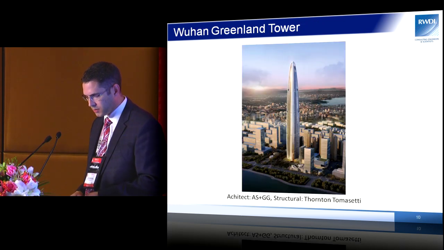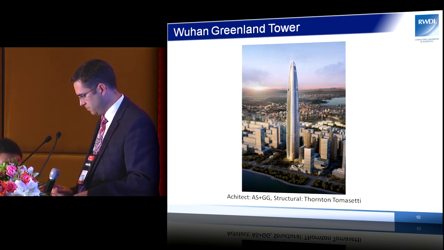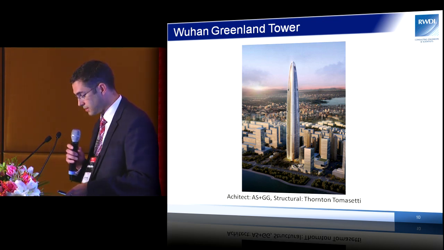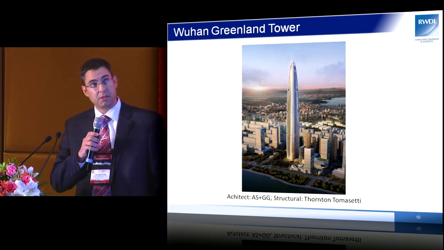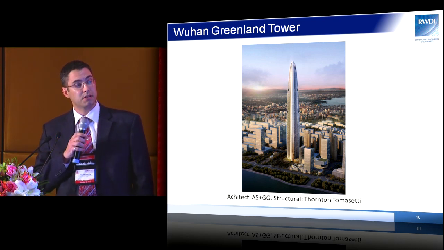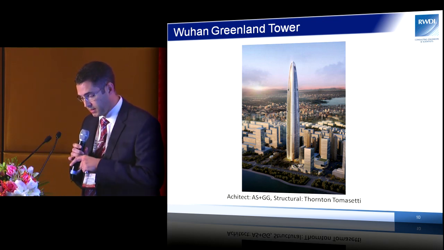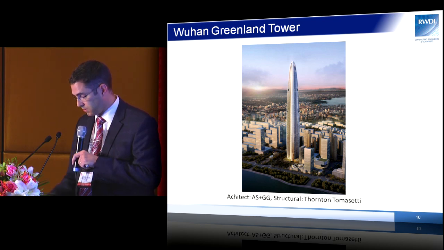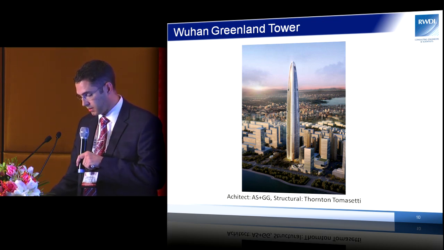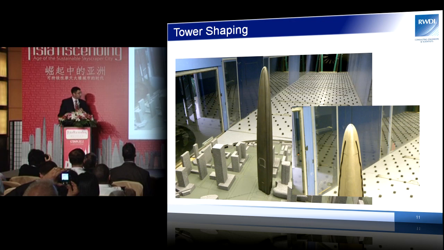A specific example that Adrian mentioned yesterday was the Wuhan Tower that we were privileged to work on with them. And in that case, we worked on a few different configurations. Adrian mentioned the corner detail that was trying to sort of direct the flow around there and affect that vortex formation.